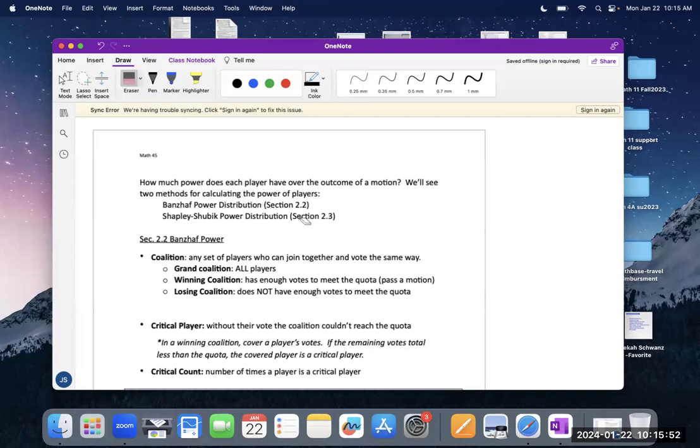The first method for calculating how much power they have to alter the results of an election is Banzhaf's power distribution in section 2.2. We'll learn about that method. And then a second method, another way to calculate power, is the Shapley-Shubik power distribution, and that's 2.3.